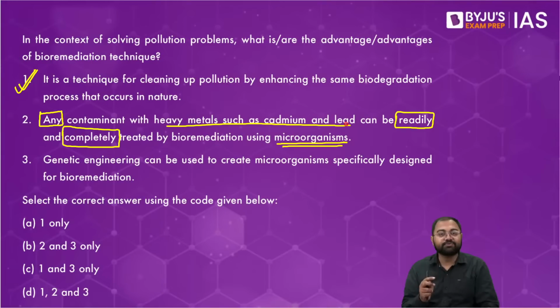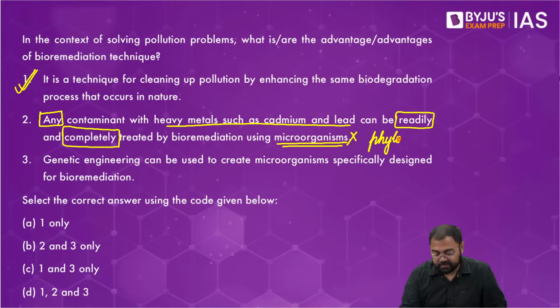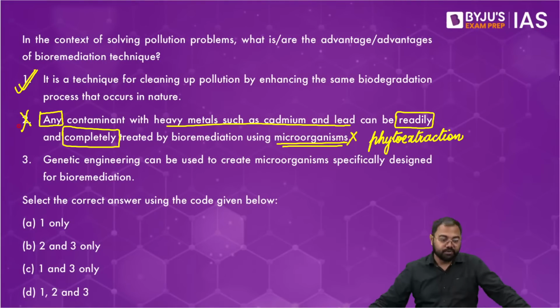In a large number of cases, we'll try to use some other method, either some kind of industrial method, or if not, phytoextraction. So instead of using microorganisms, we would prefer the phytoextraction process. That's why we wouldn't consider statement number two as correct.